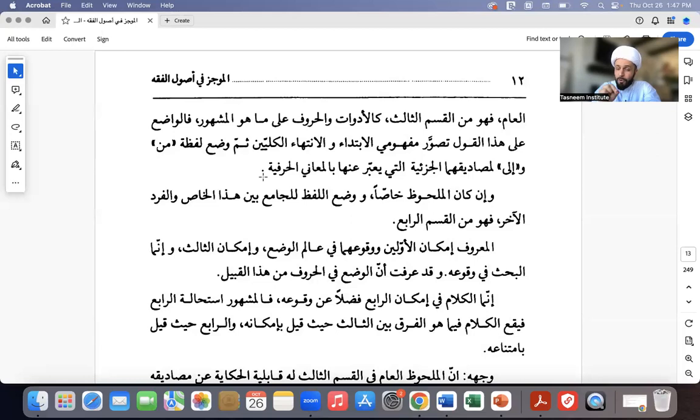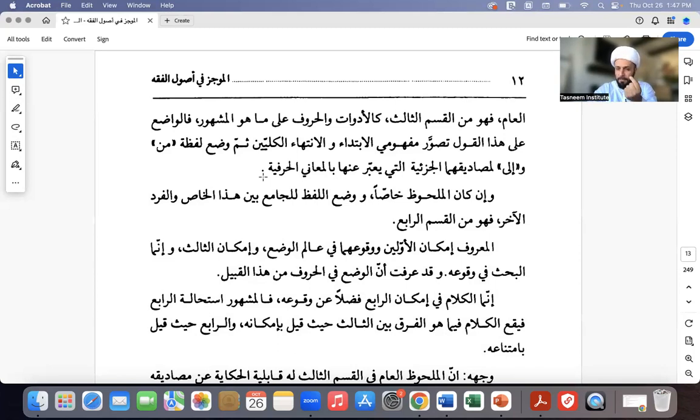Now the word min is not a general designation that refers to the meaning of beginning. It is designated for me to use in my specific situation. So when I consider the general meaning of ibtida, which means beginning, I designate a specific term, meaning that we don't designate the word min to refer to the general idea of ibtida. It's an instance of ibtida.